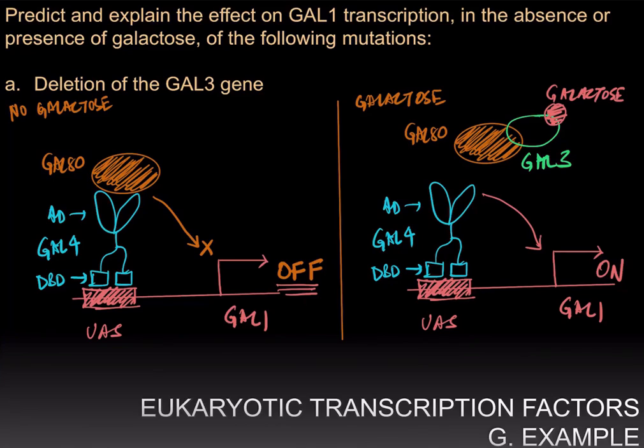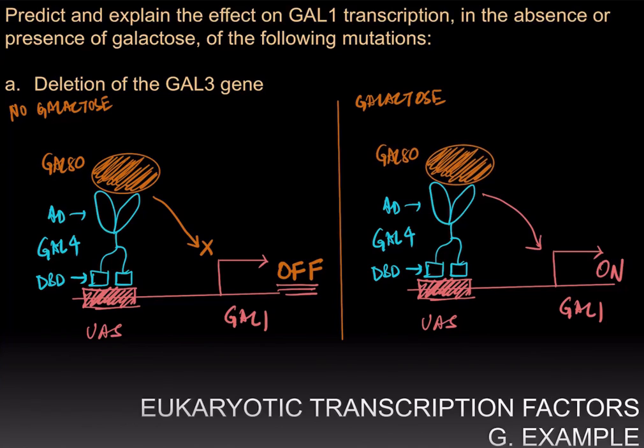However, when galactose is available, in the absence of any GAL3 protein, galactose will have no effect on the GAL80 protein, since it's GAL3 that binds to GAL80 and prevents it from repressing or inhibiting the recruitment of RNA polymerase by the GAL4 activation domain. And therefore, if GAL3 is deleted, then even in the presence of galactose, transcription at the GAL1 gene will be off.